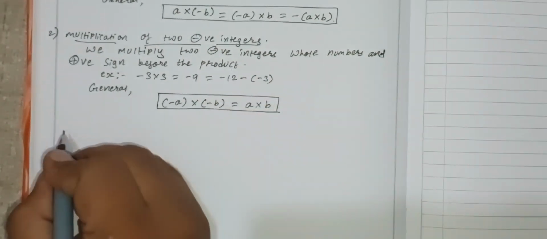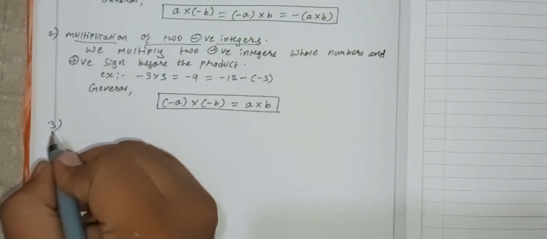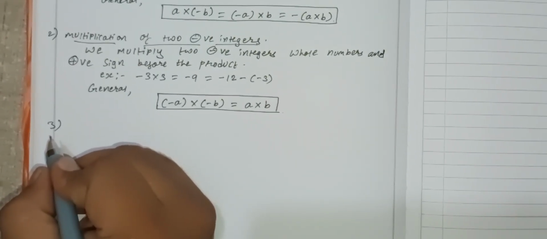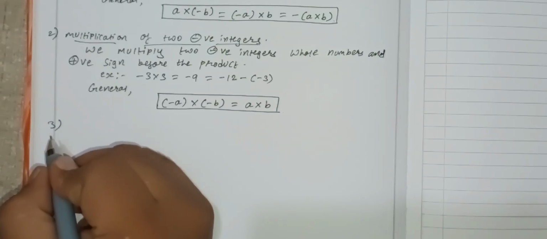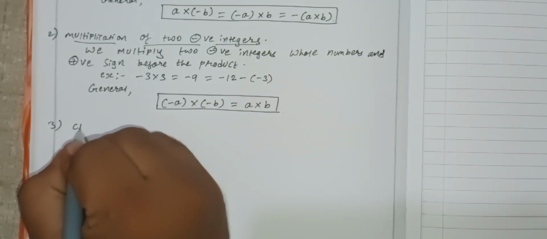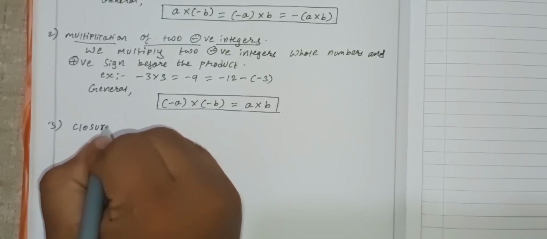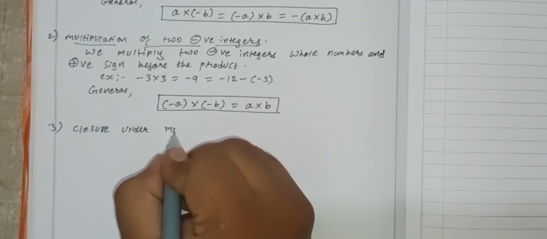Now the next, the third property which we are learning, the product of three or more integers, with the properties. The first one is closure under multiplication.